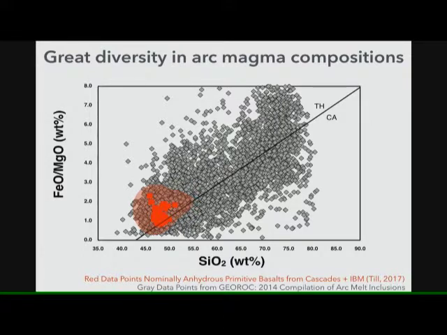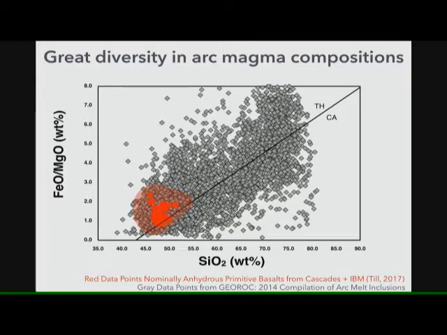In this red field, we can simply get those by dry mantle melting and variations in the temperature of melting, for example, or the pressure of melting. So this is a very simple, straightforward way to get primitive basalts that erupt in arcs of that composition.